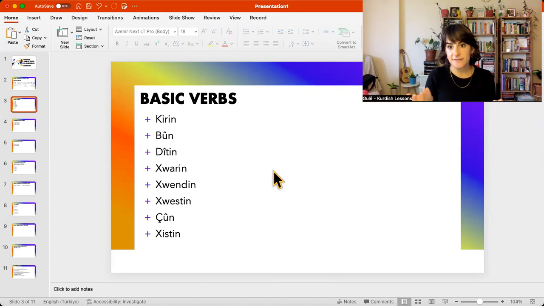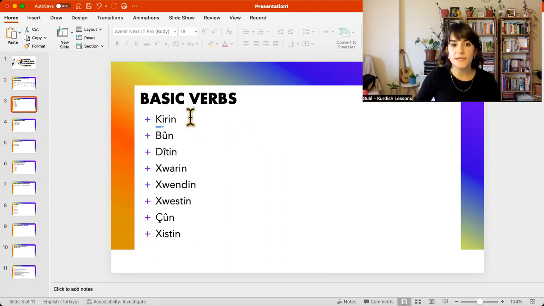So in Kurmanji there are two types of verbs, basic and compound. First I will teach you how to conjugate basic verbs. Kirin is one of the most popular verbs in Kurmanji. You have to know this. It is your first task to learn kirin in present and in past.